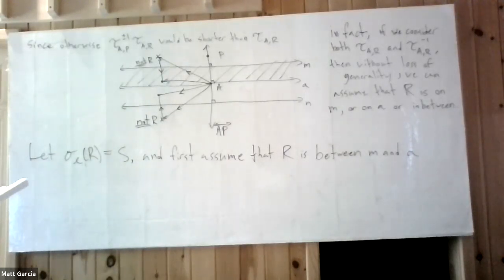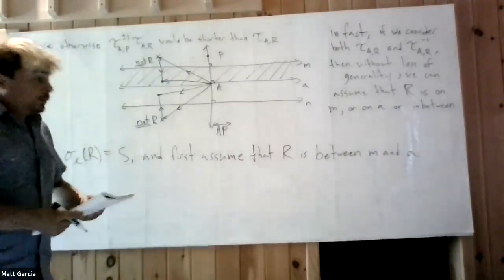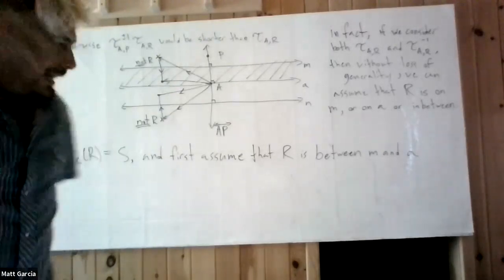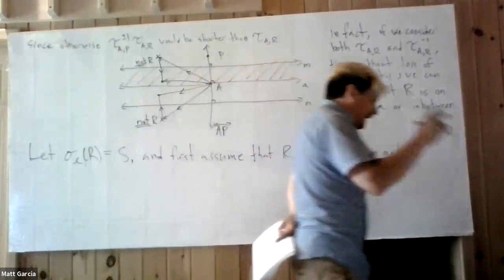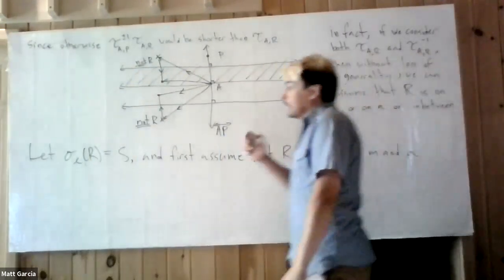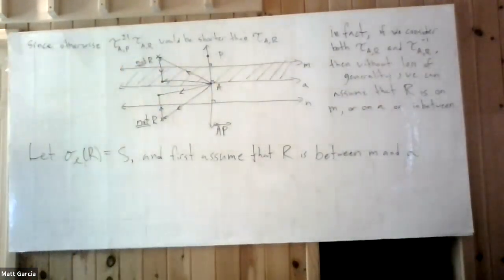So then remember, I kind of tried to compress a lot into this case 2, right? Case 2 consists of two possibilities.